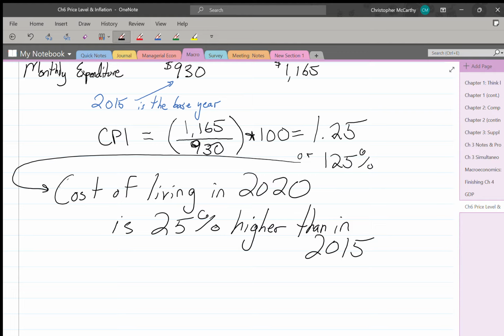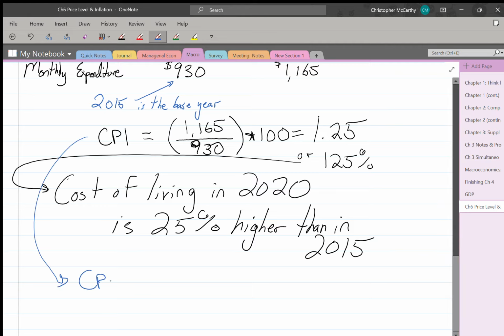So just for the sake of illustration, let's go ahead and calculate the CPI for the base year. So the CPI for the base year would be whatever the cost is in that year over whatever the cost was in that base year. So it's just going to give us 1. So the CPI for the base year is always going to be equal to 1.